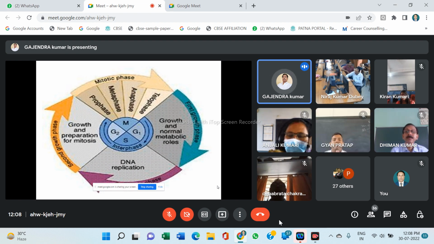Means before the start of this mitotic phase, prophase, this interphase has a lot of work to be done in the cell so that the cell components are being formed, the different types of substances which are required for the cell division are being formed. After that, the prophase will start.